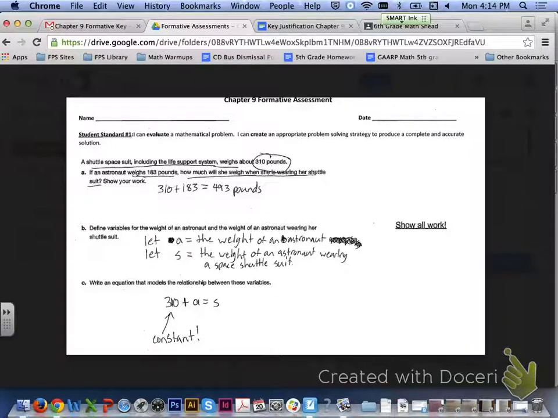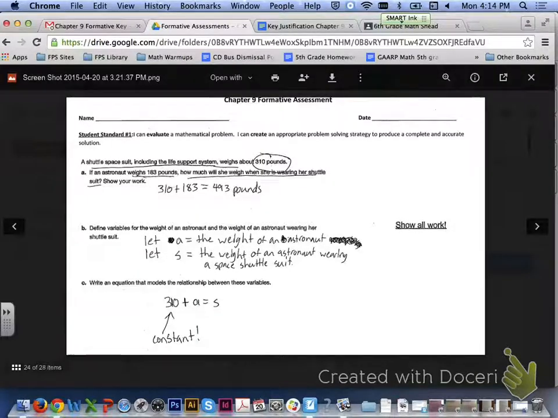You see I labeled that under letter C, where it asks you to write an equation that models the relationship. So we'd have 310 plus A, and that's going to equal S. 310 plus A, again the weight of the astronaut, equals S, the weight of an astronaut wearing a space shuttle suit.